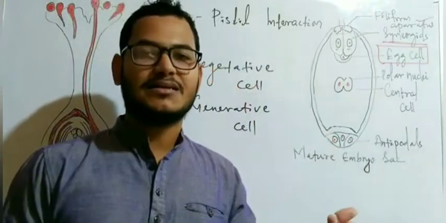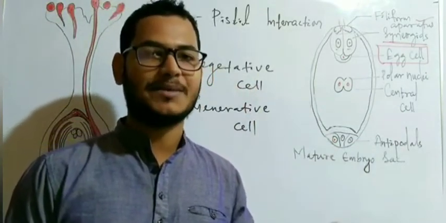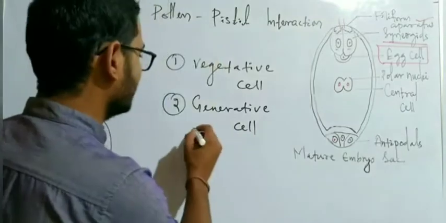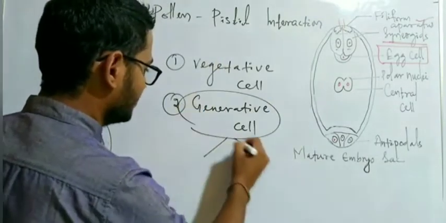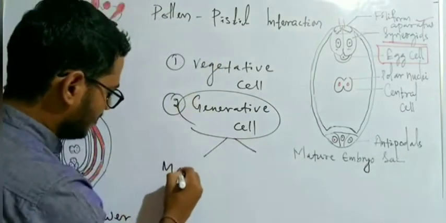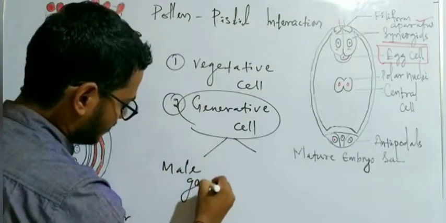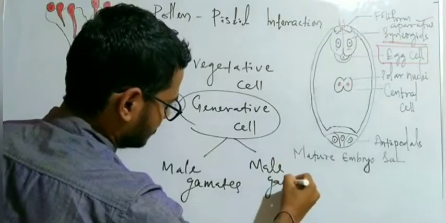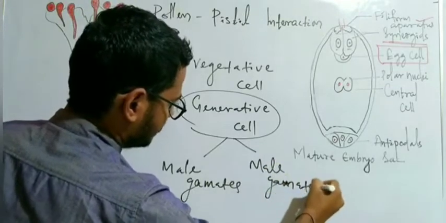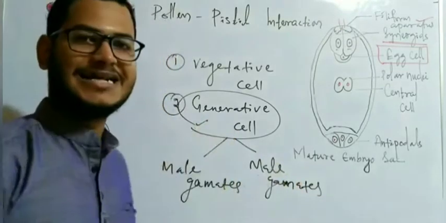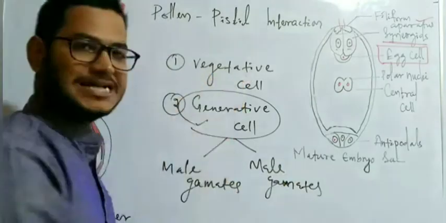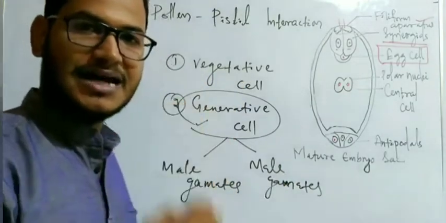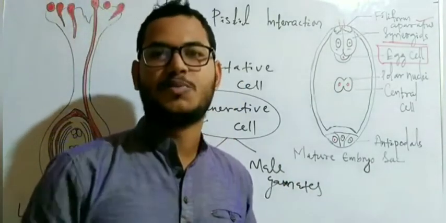Then the generative cell divides to form two male gametes, whereas the vegetative cell does not divide, and it helps in the formation of the pollen tube.